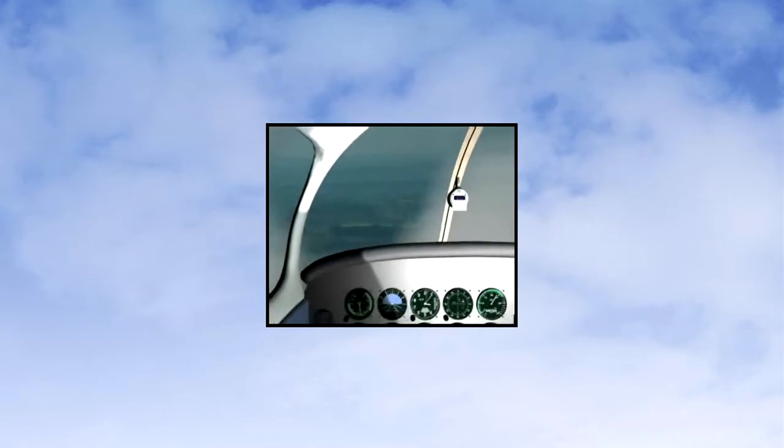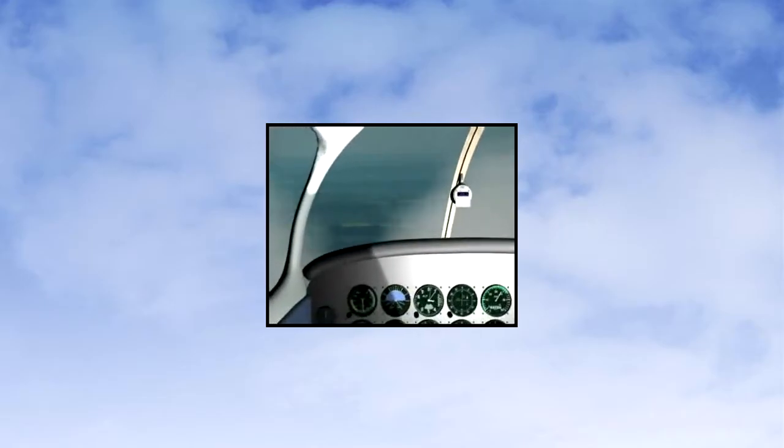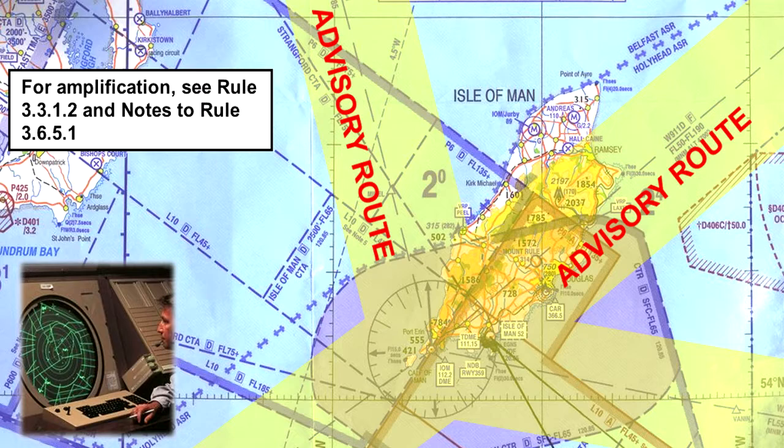However, if outside controlled airspace, but within advisory airspace, or when otherwise so required by the appropriate Air Traffic Services Authority, an IFR flight is to maintain an air-ground voice communication watch on the appropriate communication channel and establish two-way communication as necessary with the Air Traffic Services Unit. This situation is amplified by the rules of the air shown on screen here.